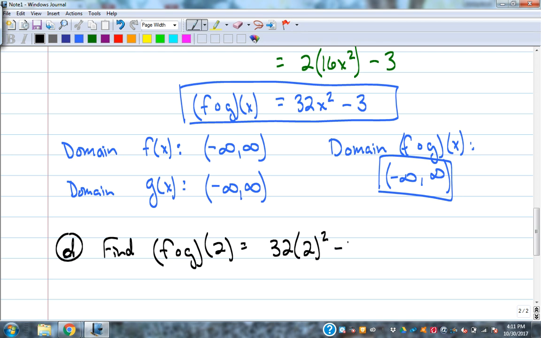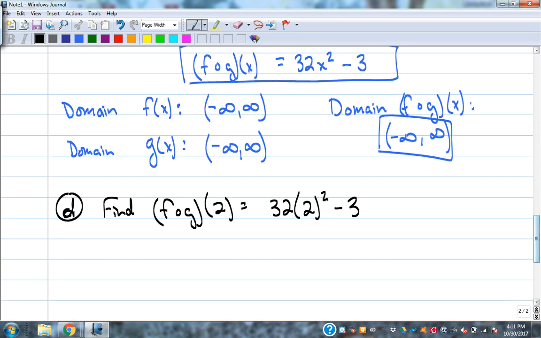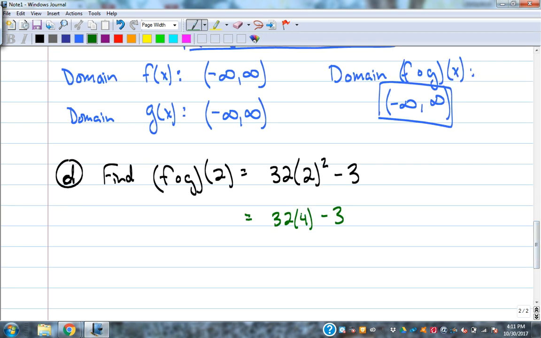So that seems very basic, but I feel like I should always cover that. 32 times 4 minus 3, 128 minus 3, 125. So, getting the composite function and then plugging in the number.